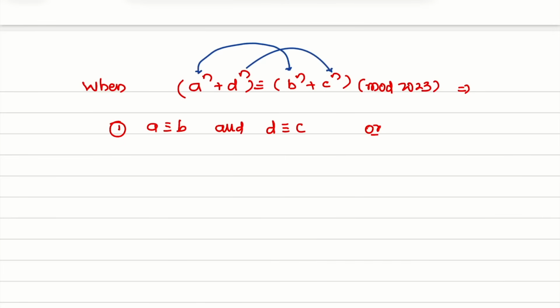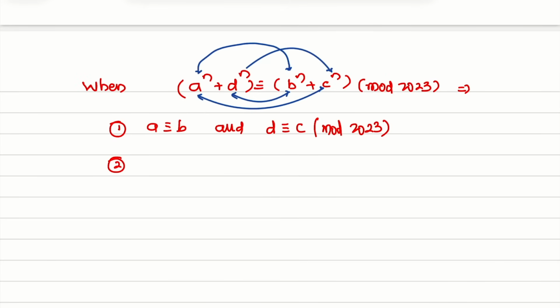Or the second possibility is A equivalent C and D equivalent B. This is mod 2023.